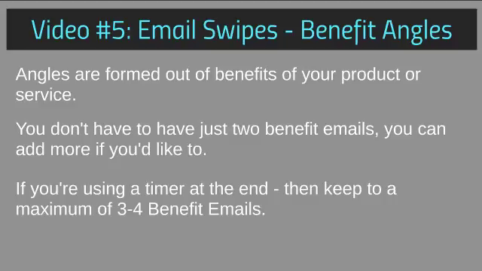If you want to test it with more emails, that's fine. But generally speaking, I find 3 to 4 emails is a sweet spot if you are using a timer. If you're not using a timer at the very end, meaning you're not going to close down your offer, then you can use 5, 6, 7, 8 or more benefit emails.